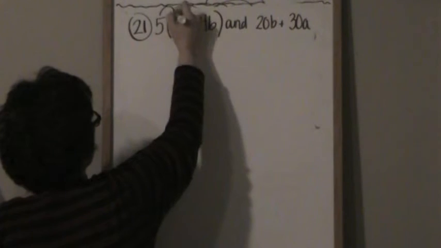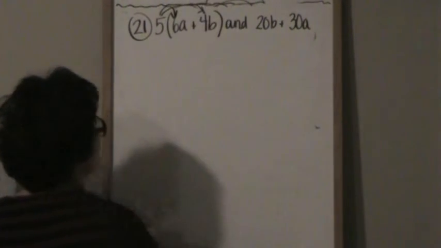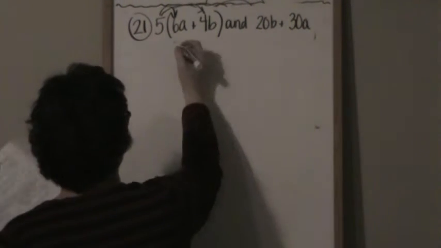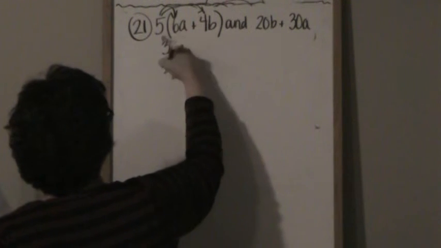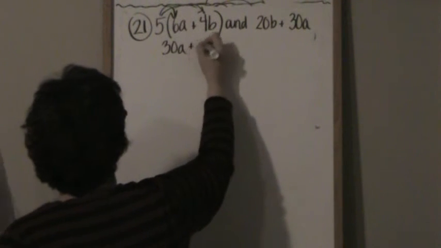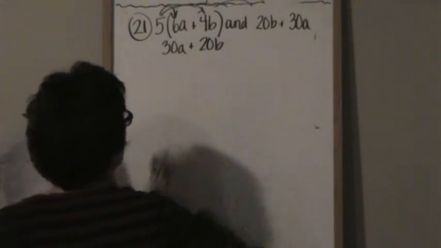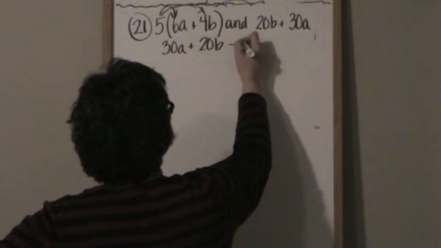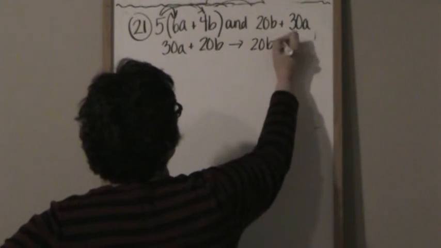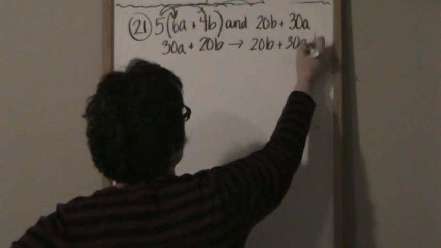This one over here, I can simplify by using the distributive property. 5 times 6a is 30a, and 5 times 4b is 20b. Now, is that equivalent to 20b plus 30a?